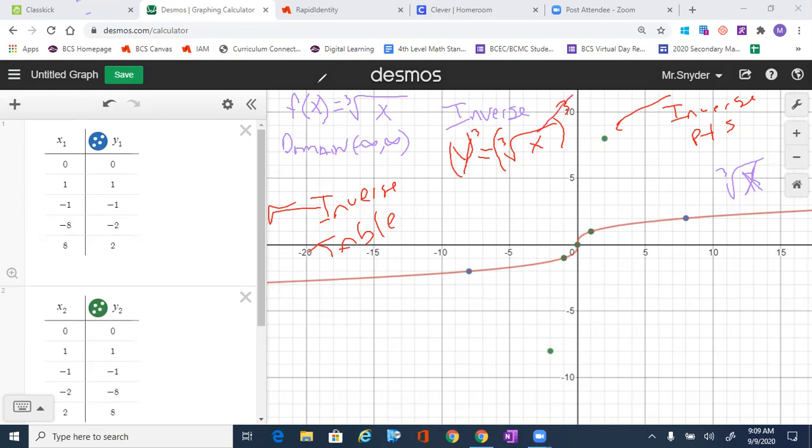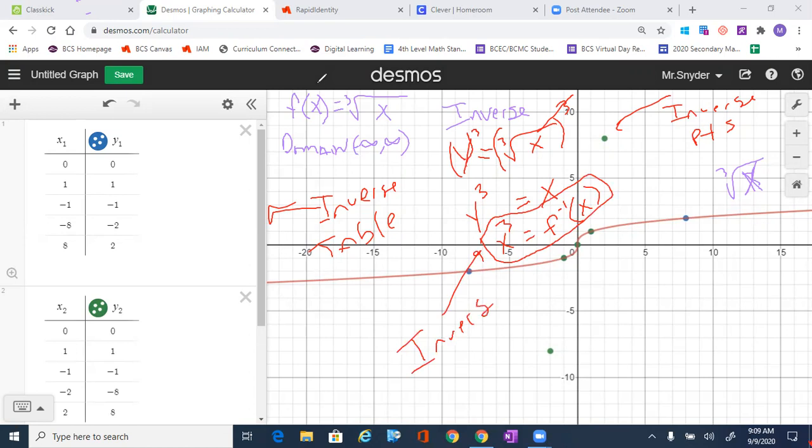The cube root and the cube will cancel. We're left with x equals y cubed. And one of the other things we learned is once we have the inverse, we just flip it. We say, okay, f inverse of x equals x cubed. And there is our inverse.